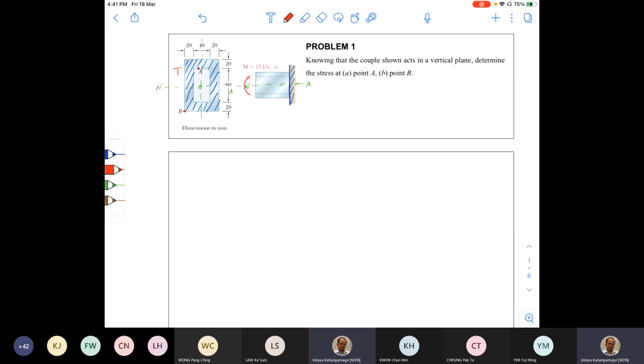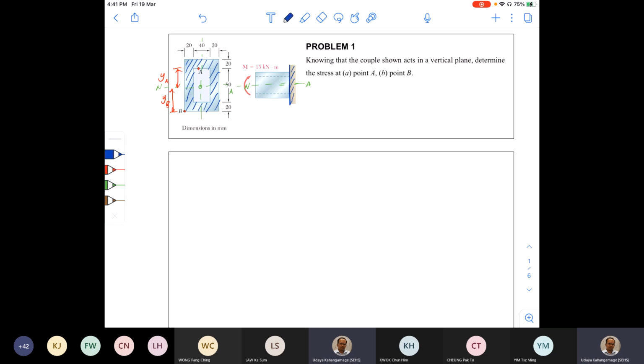All right. So now you can find out the distance to the neutral axis. This point A is, let's say, YA from the neutral axis. And point B here, we'll mark it as YB from the neutral axis, because we need that information, right?